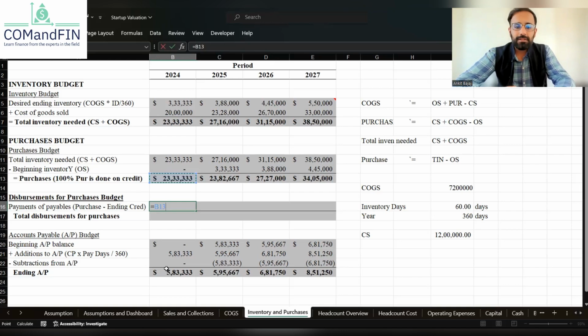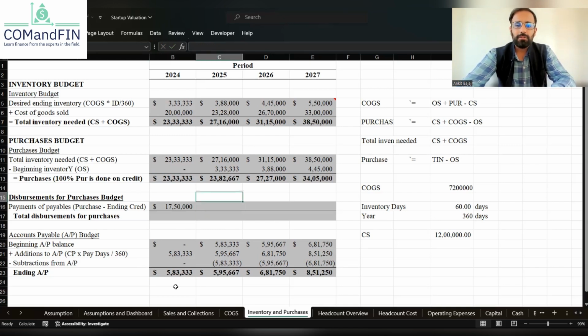If you have not paid this much amount, it means you have paid the balance amount. So from total purchases of 23 lakh 33,000, you will subtract 5 lakh 83,000. It means you have not paid this much, and you have paid the balance amount, which is 17 lakh 50,000. Which means 17 lakh 50,000 you have paid in the current year.